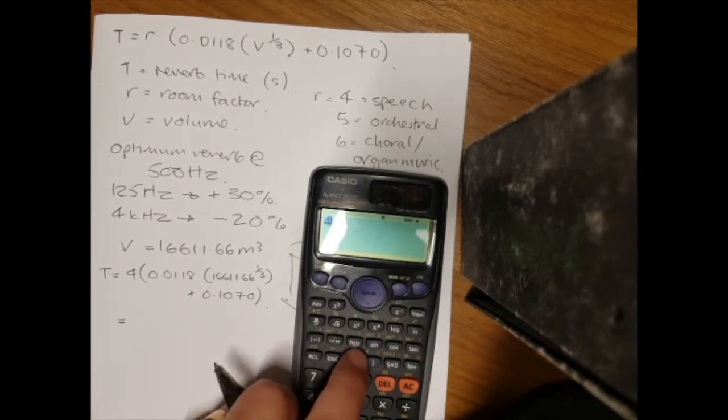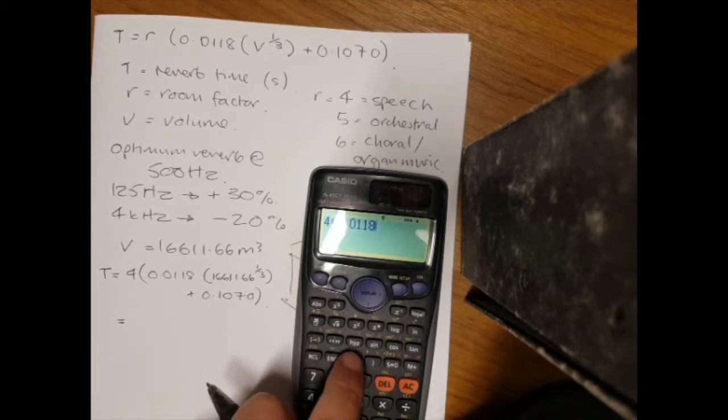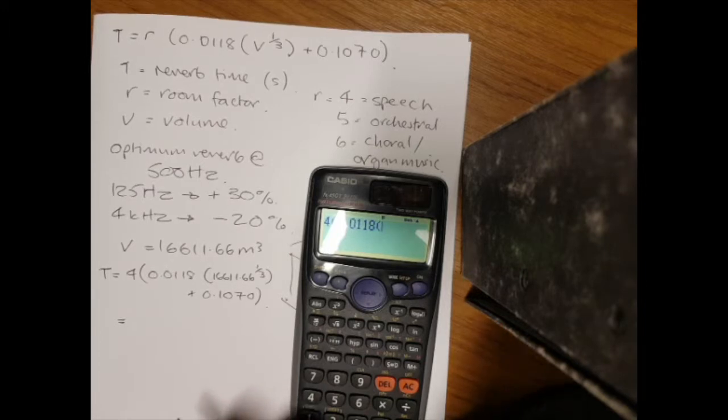Okay, so let's go 4 multiplied by 0.0118 multiplied by 16611.66 to the, let's use a fraction up here, 1/3.